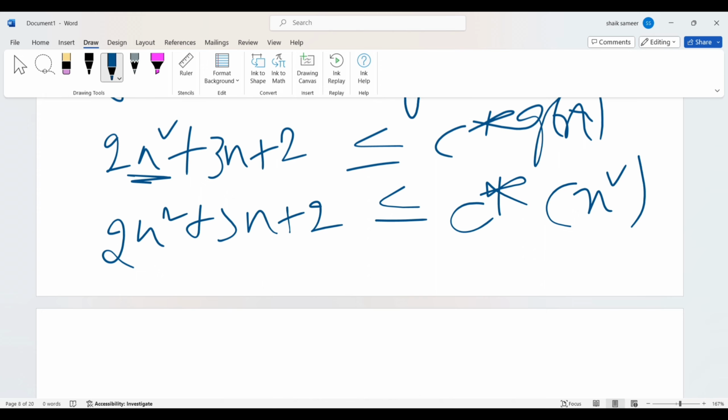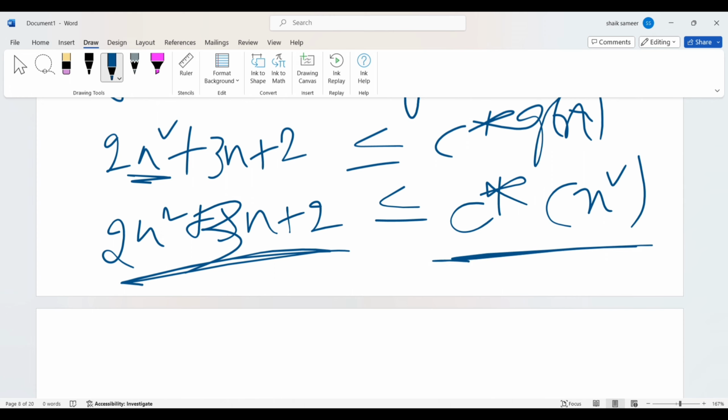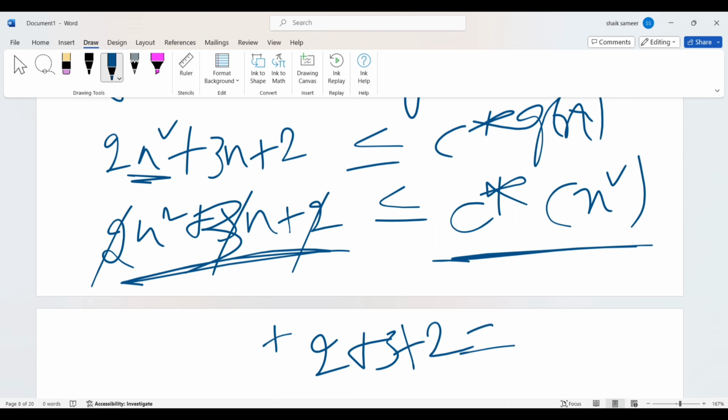Now you have to put the c value so that the left value becomes less than the right value. I'm going to tell you one trick to put the c value directly without substituting 1, 2, 3, 4. First add these coefficients: 2 plus 3 plus 2, you will get 5 plus 2, 7.